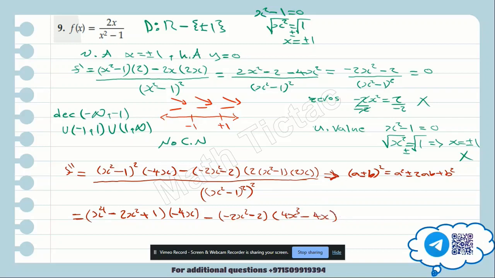Okay, so divided by the same denominator, which is x squared minus 1 to the power 4. Okay, so now let's enter the minus 4x inside and see what will happen.